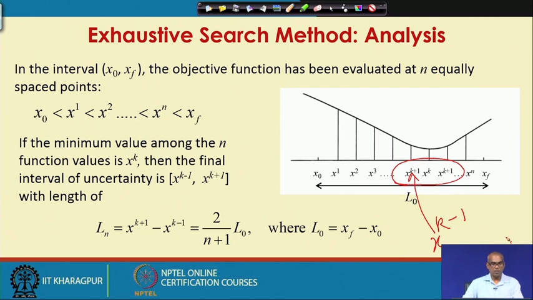So, the length of this final interval of uncertainty is x(k plus 1) minus x(k minus 1), which can be computed as 2 by (n plus 1) into L0, where L0 is xf minus x0. So, the length of the final interval of uncertainty is 2 into (xf minus x0) divided by (n plus 1).